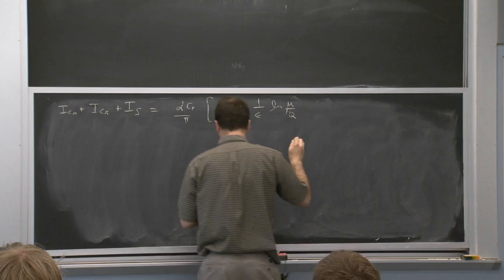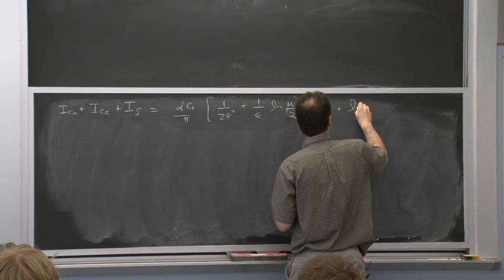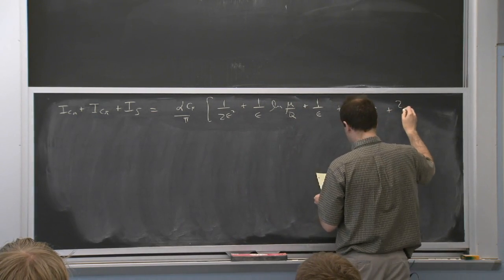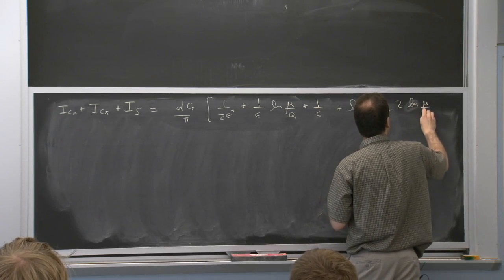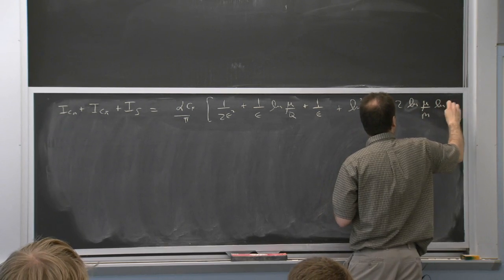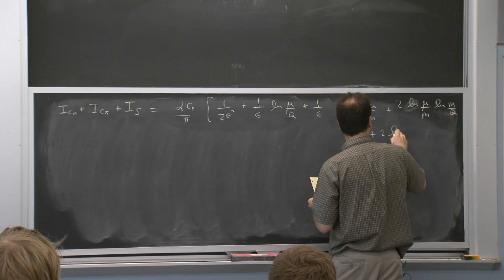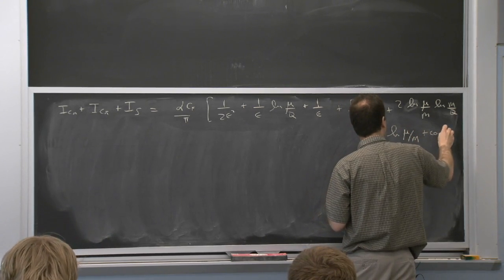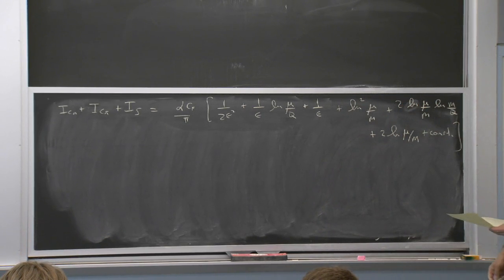I'm left with a log of mu over q, a 1 over epsilon pole, a double log, some types of single logs, another type of double log. So it would look like that, all the nu dependencies canceling away.